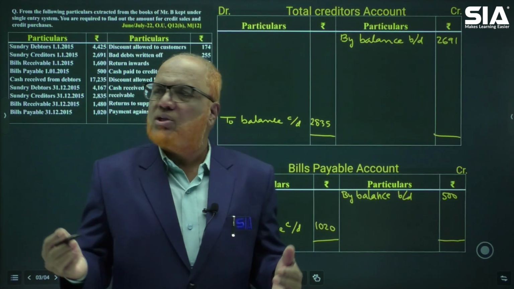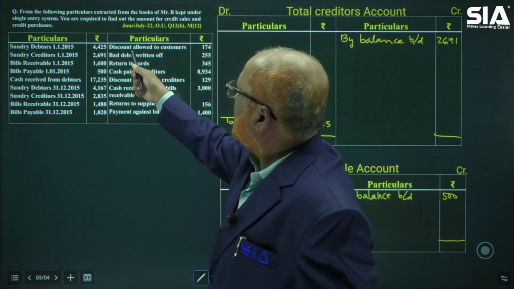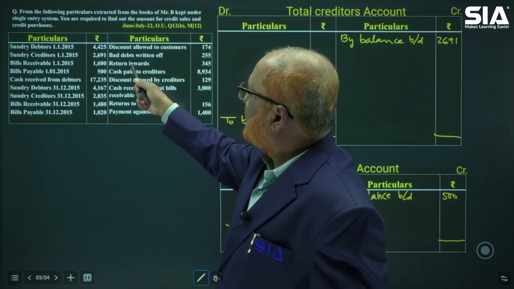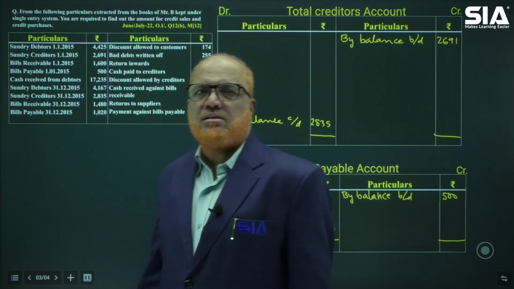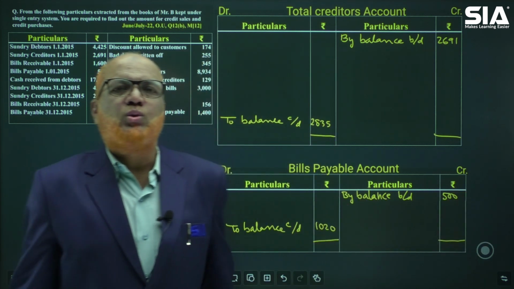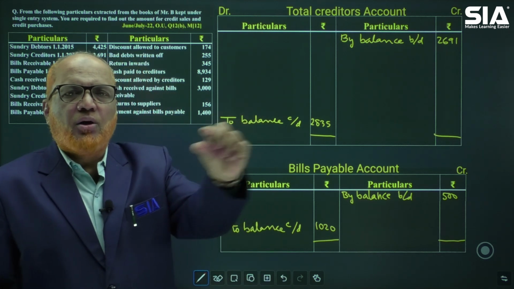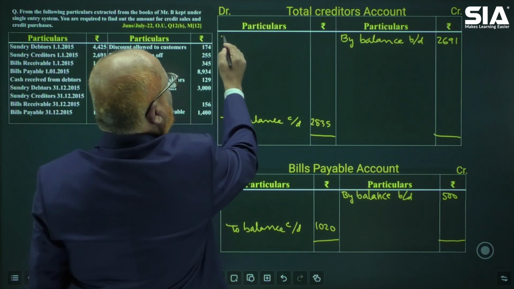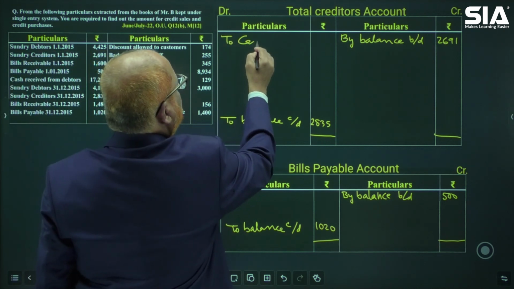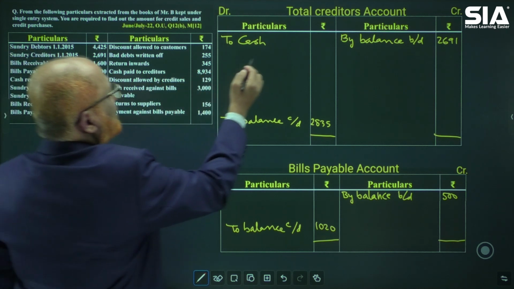Now the other transactions, let us see the problem here. What are the other transactions? Discount allowed to customer, bad debt written off, return inward we have taken, cash paid to creditors. When we pay cash to creditors, the entry will be creditors account debit to cash. So creditors account debit side, I am writing to cash. How much cash paid to creditors? 8934.